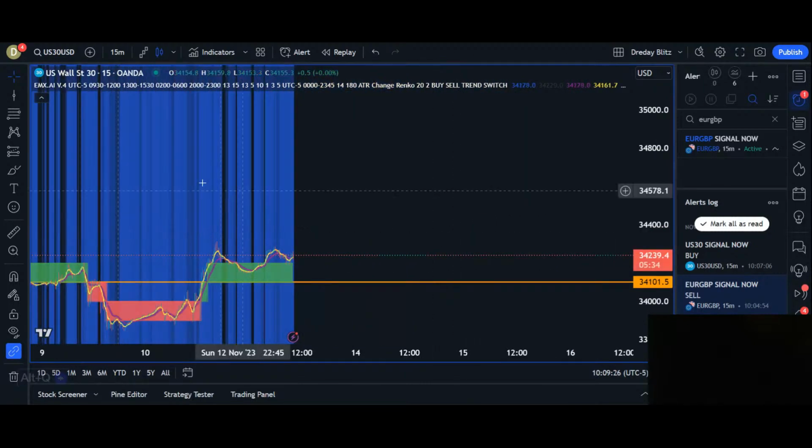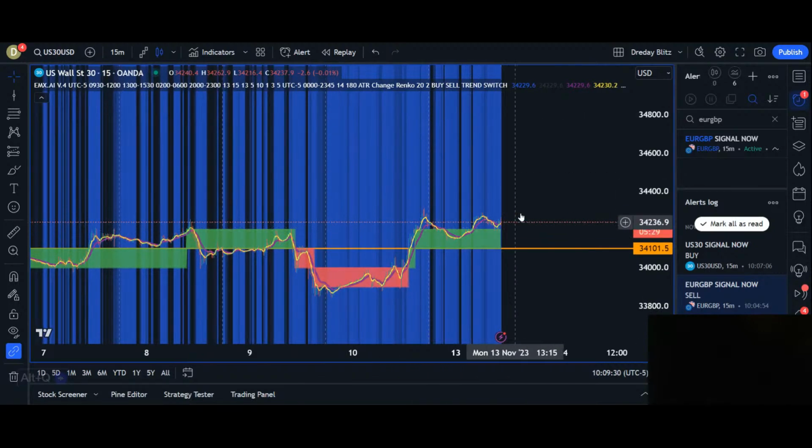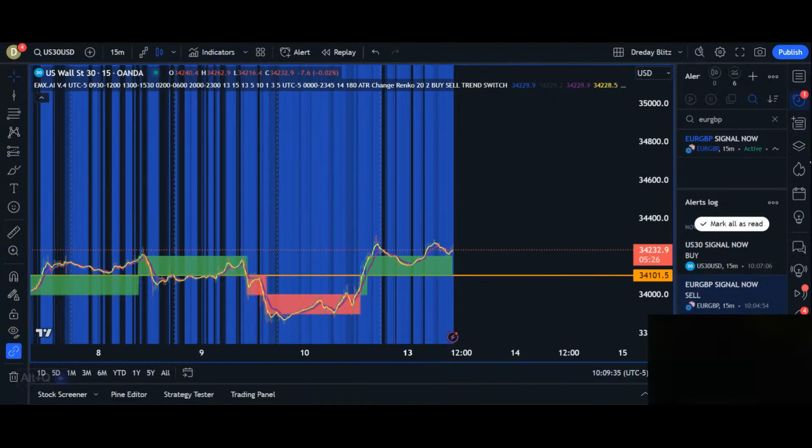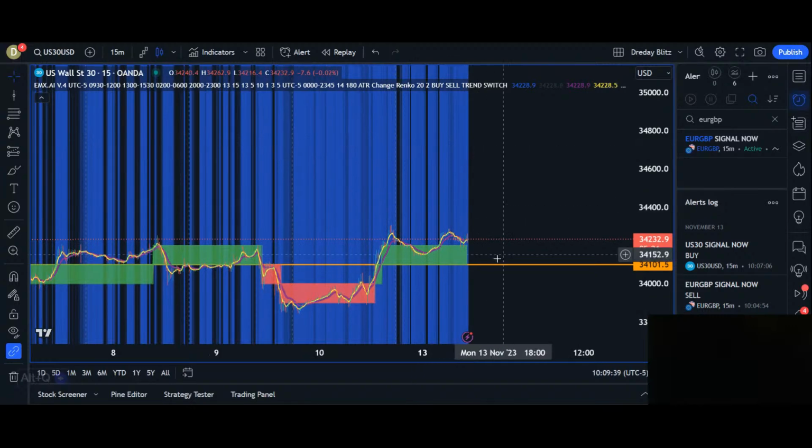So as long as the Renko bars are still showing you the trend going up and you receive a signal for a buy, you take the buy. Stop loss is the top of the previous Renko. So that will be here.